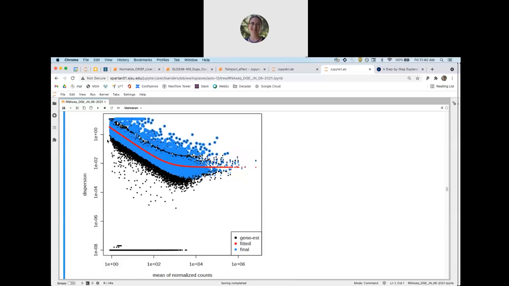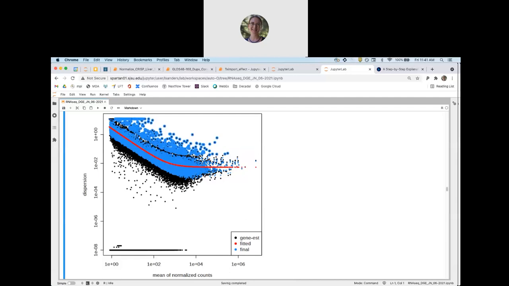Yes, Felix. The red line is the line to which the data are being fit. As DESeq2 is estimating the dispersion for each gene, it's bringing them all closer to this line by looking at the trends across the data.